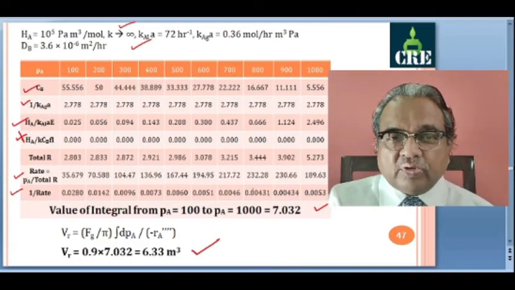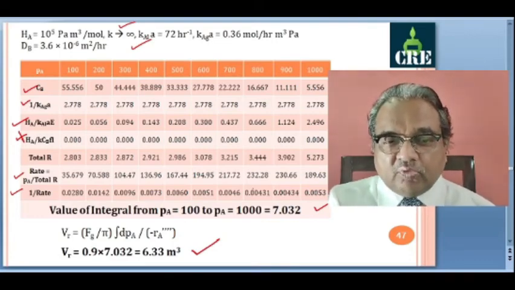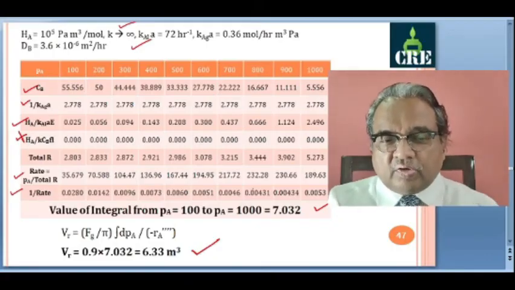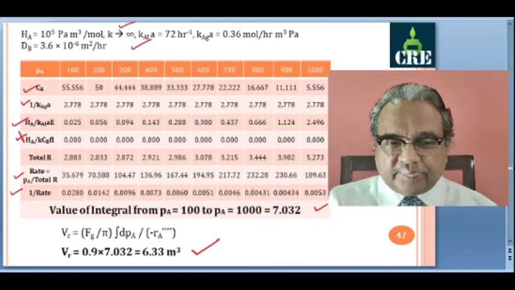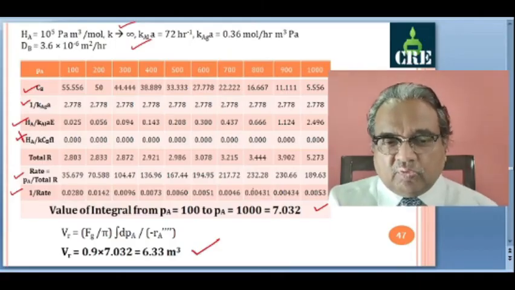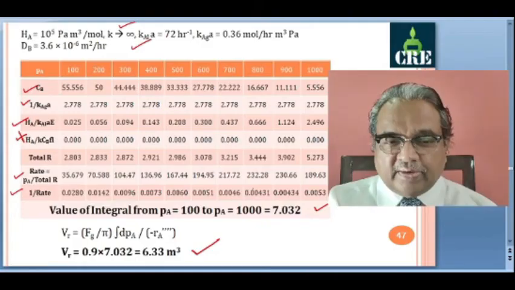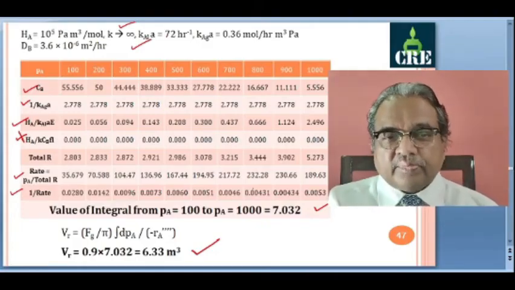So different values of Ka, different values of Ha, we are calculating the volume of tower reactor required, and we can always find the height depending on how much is the cross sectional area. When we will go for final design, what cross sectional area will prefer, and accordingly you can find out the height.